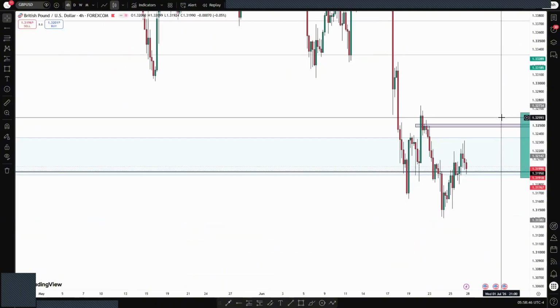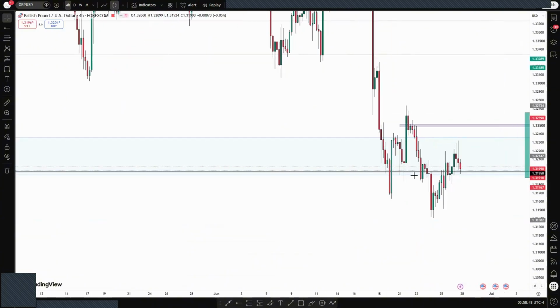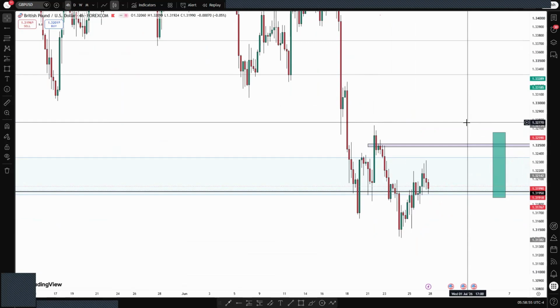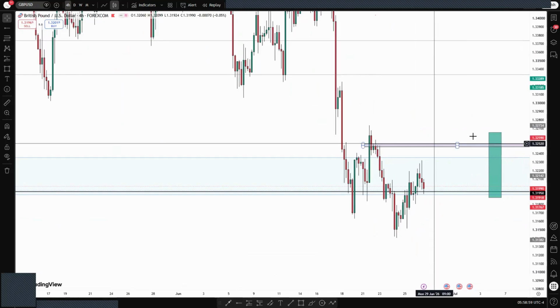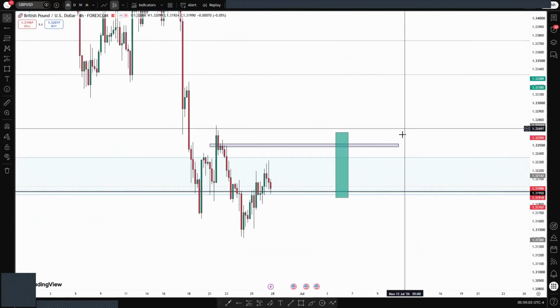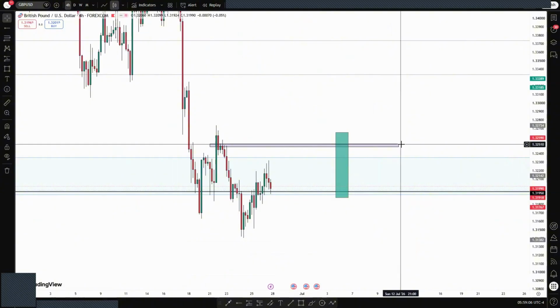So we'll wait for price to respect these levels. Then we can use an entry in any section.